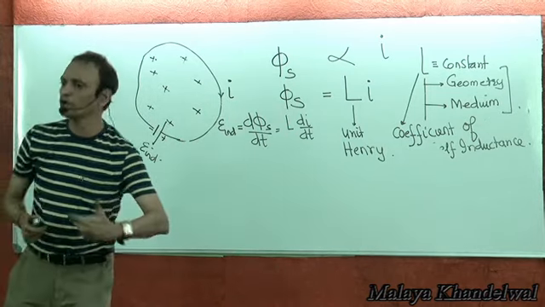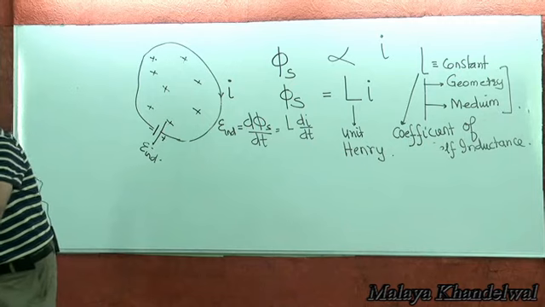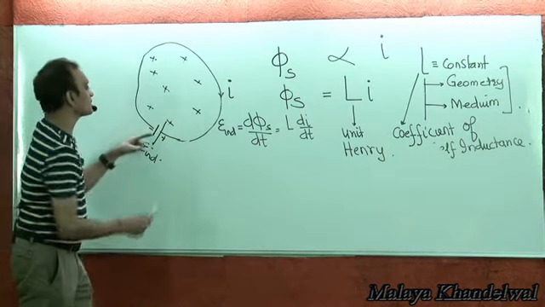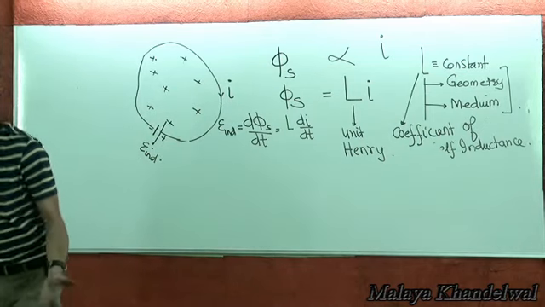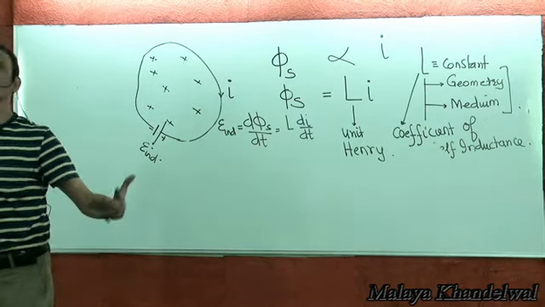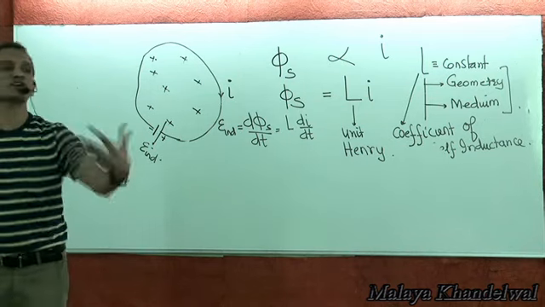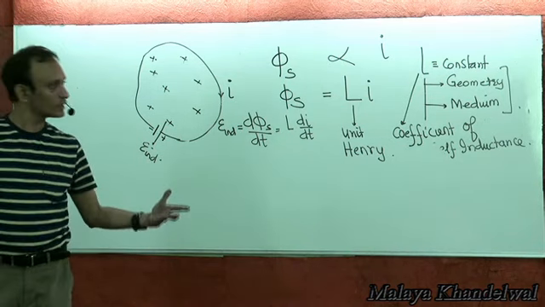This induced EMF will not oppose current, but will oppose change of current, because this I is increasing. It must oppose I so that it can negate to a small extent the changes that I is producing in the flux associated with the loop. Clear?